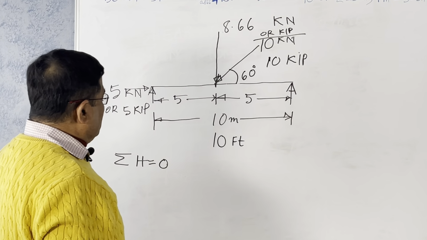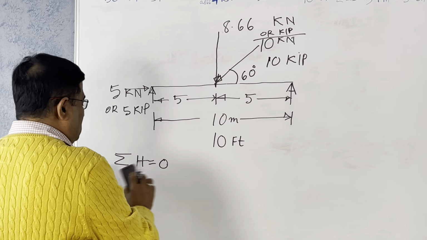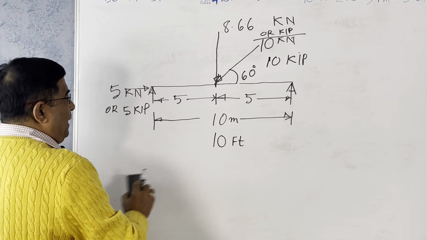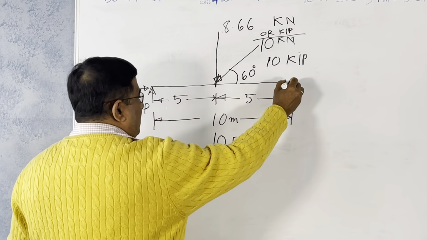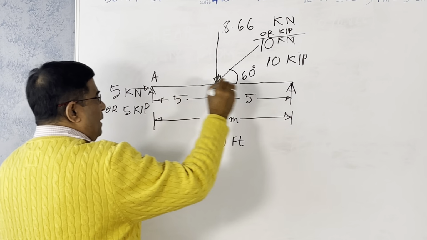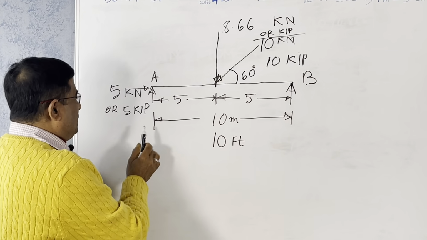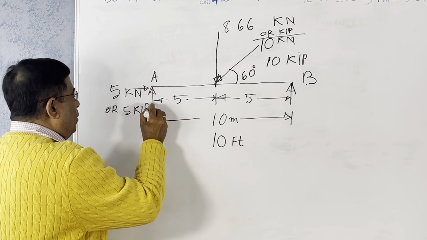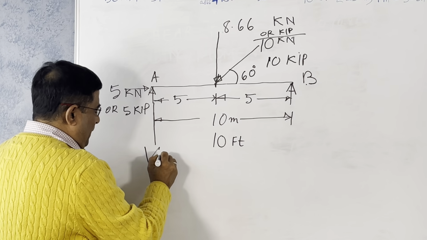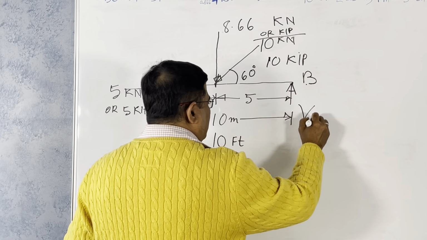Now, what is the shear force? We have to find out the reactions now. We will apply the moment about this point, about B. This is A, this is B, to find out the reactions. This is the force we do not know. We consider it is VA, and this is VB.